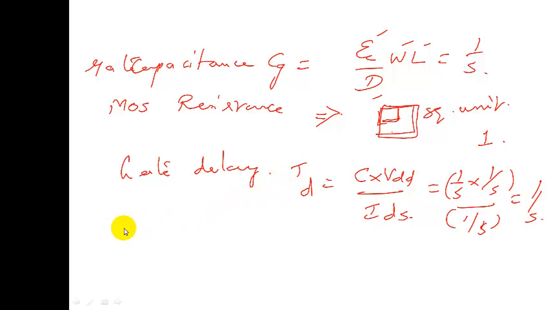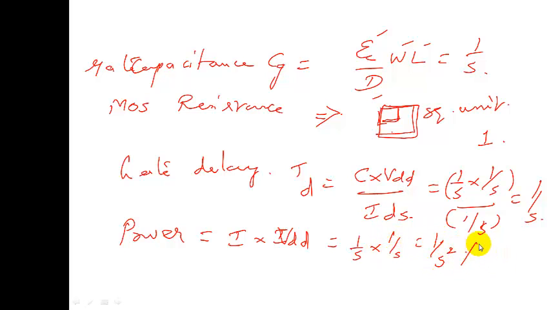And the next component I will deal with is the power. The power is going to be what? I into VDD. Therefore, this is going to be 1 by S into 1 by S. So supposedly we are having an advantage of the power reducing by 1 by S square.